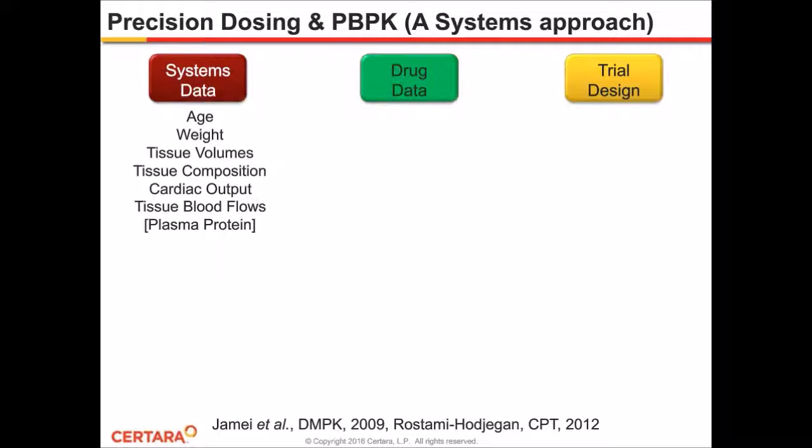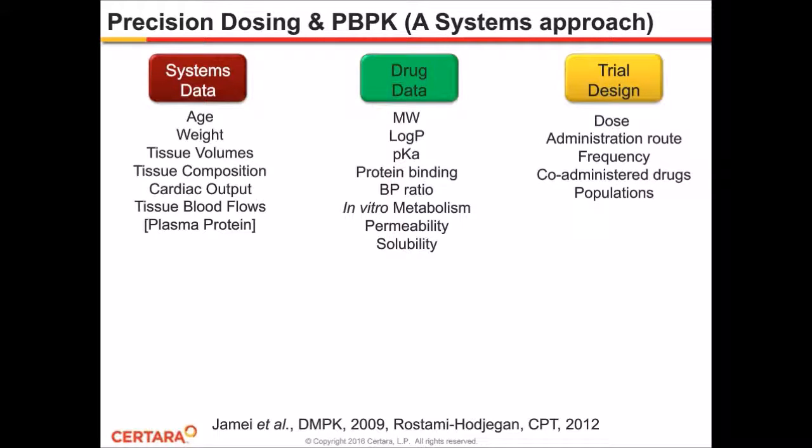The drug data involves things like the physical chemical properties of the drug, the binding characteristics, the way it is metabolized, its solubility, and so on. And then, of course, the trial design involves the dose, the administration route, how frequently the dose is applied, whether it is administered with other drugs, and so on.